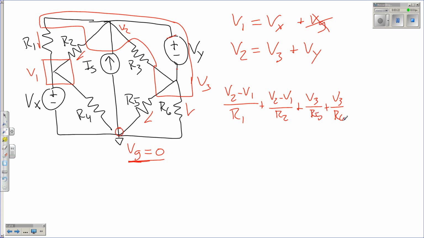Now, we also have this independent current source. We want our node current, or the branch current, to come out like that, but that's in the opposite direction, so we just subtract it.